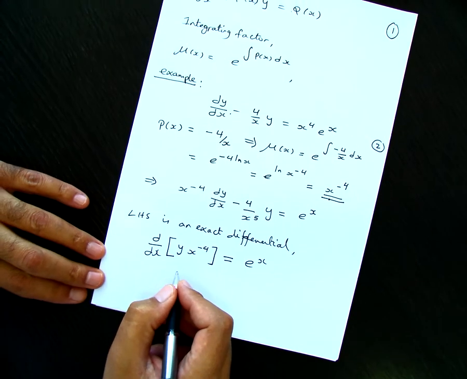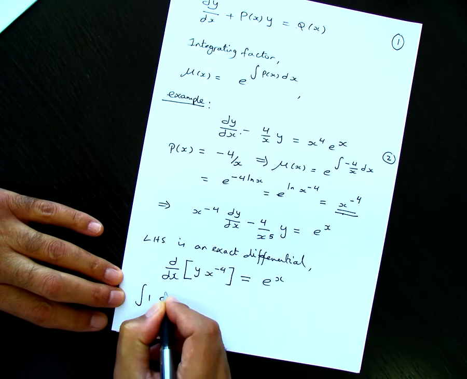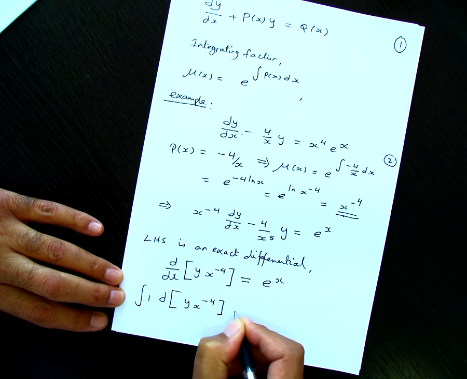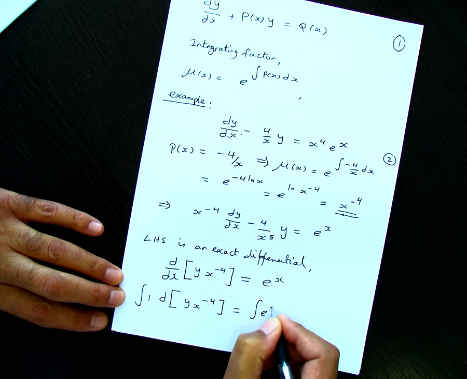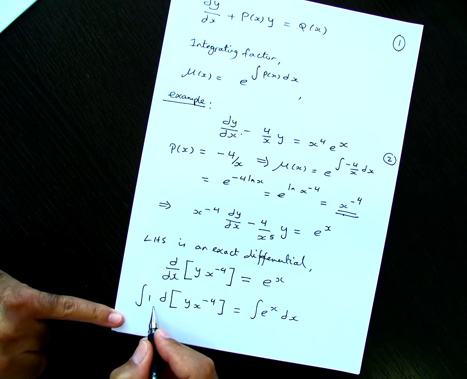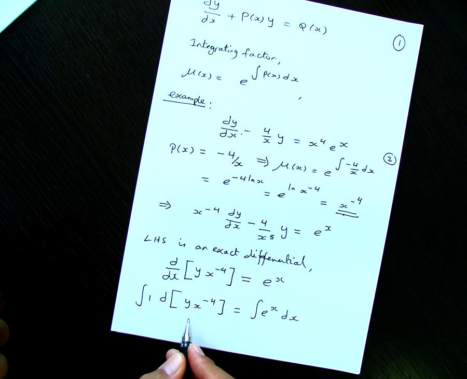We now separate the variables, so I will have the integral of 1 d(y x to the power minus 4) equal to the integral of e to the x dx. Note here I say the integral of 1 d of what's inside the bracket. So I'm basically integrating 1 with respect to what's inside the bracket, which is y x to the minus 4.